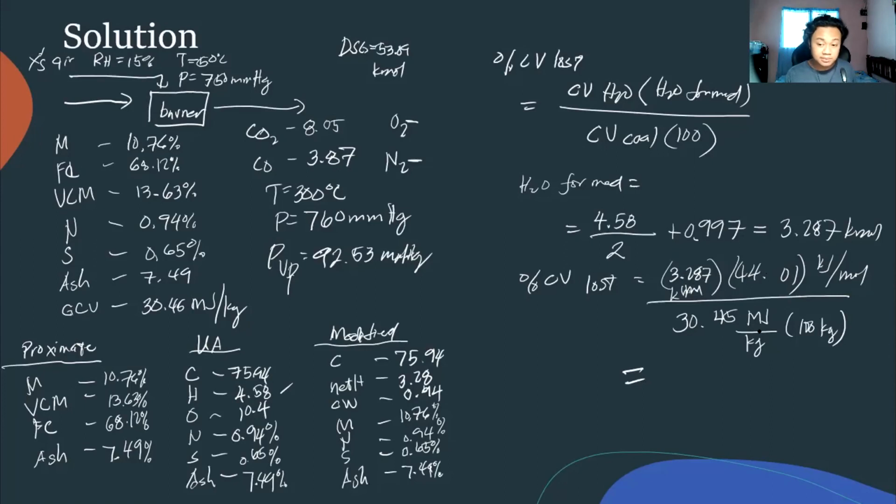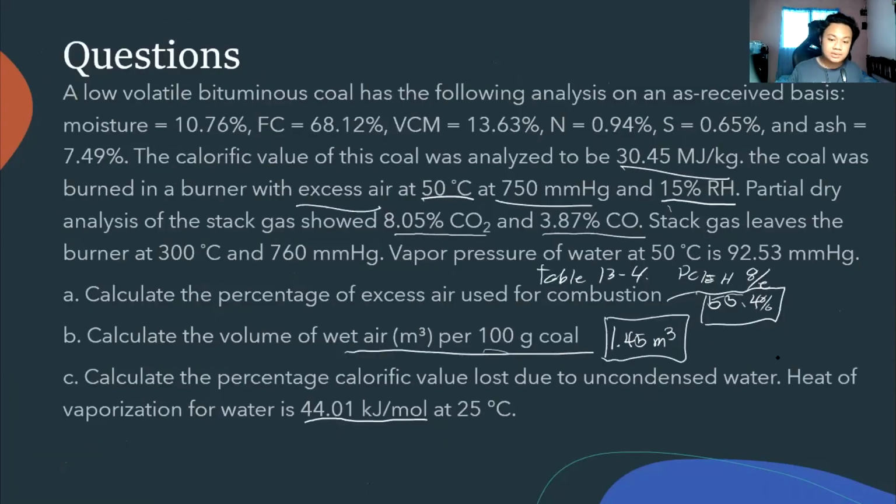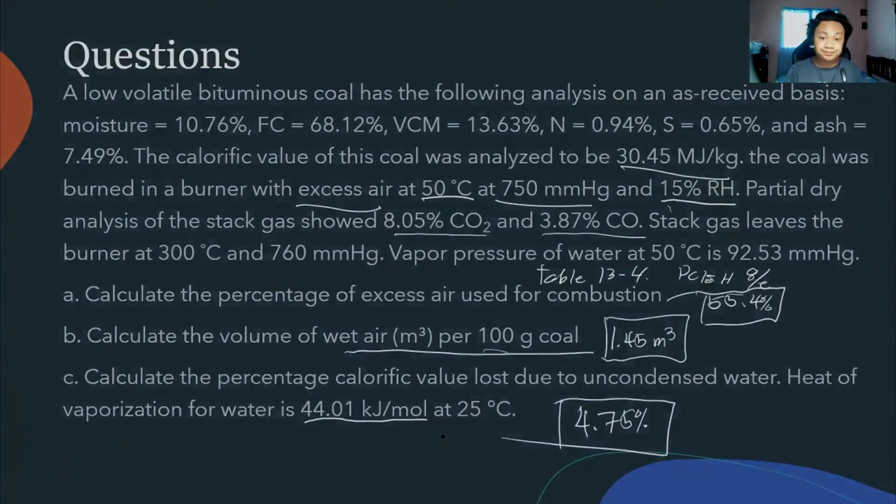Times 100, percent CV man siya, times 100, you will get 4.75%. Okay, so that's the answer, 4.75%. Okay, that's it.